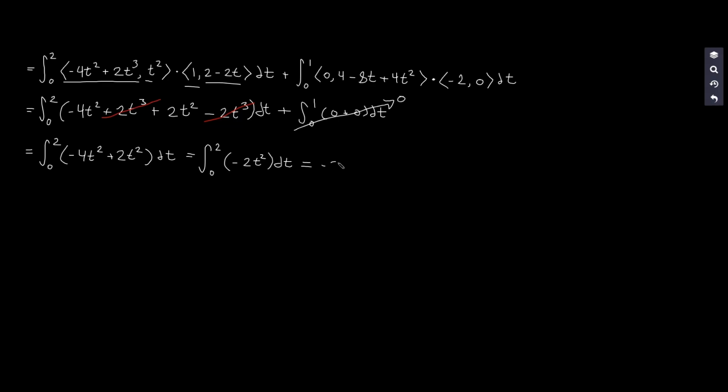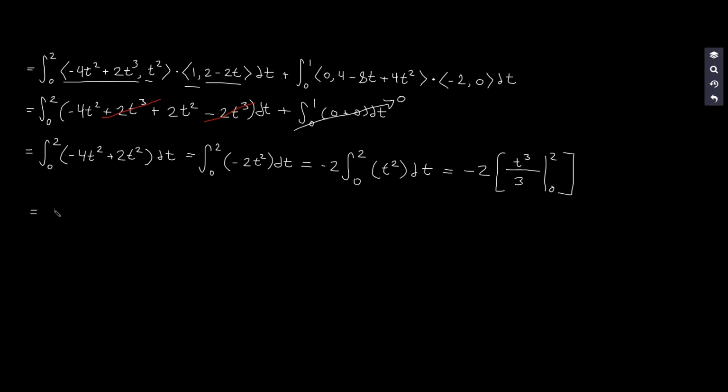Oh yes, negative 2 can get factored out, times the definite integral from 0 to 2 of t squared, integration with respect to t, equals negative 2 times t cubed over 3, evaluated from 0 to 2, I think.